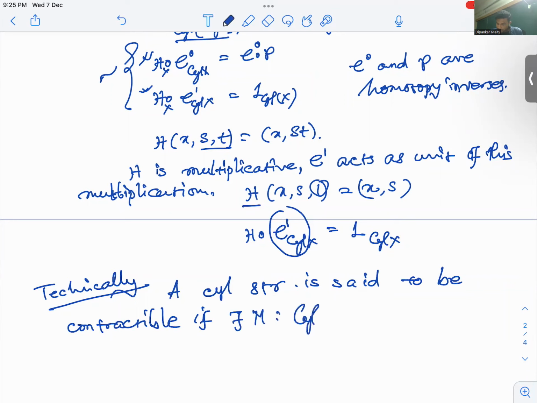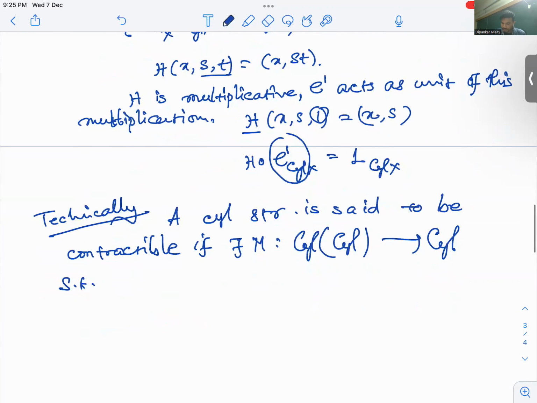from cylinder of cylinder to cylinder, such that this condition is technical, you don't have to care about this. But let me finish this up.